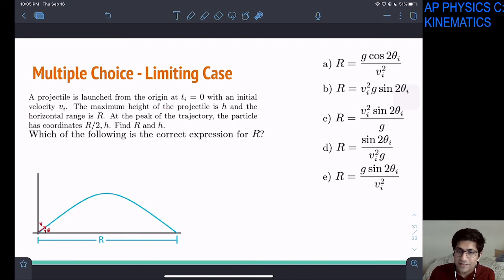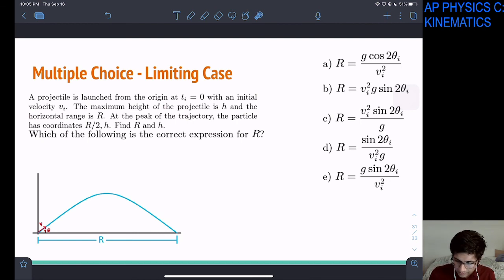Limiting cases basically means that we're going to consider very specific values of our variables. Very specific meaning that, what if we throw the ball straight up in the air and it comes back down? What is our R going to be? Well, our R is going to be 0, right? Because we throw it up, back down, it hasn't traveled any x direction, so it's just going to be 0.